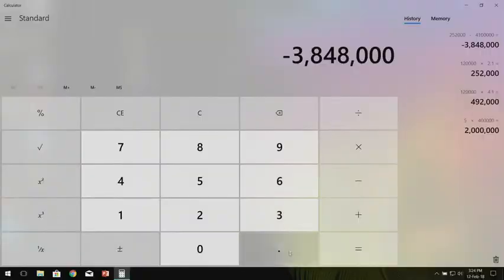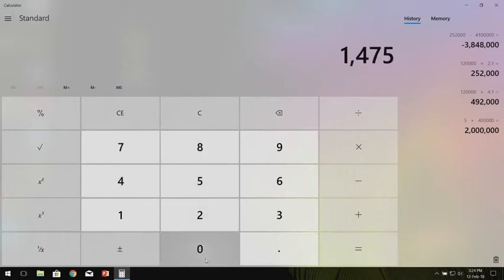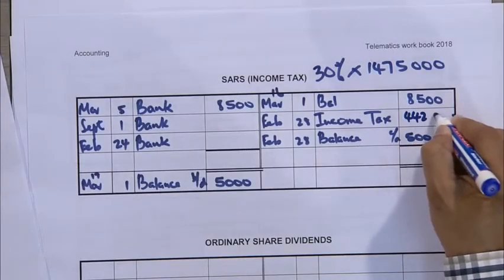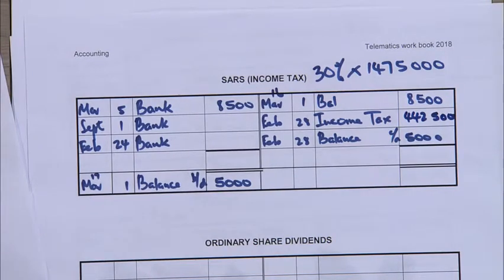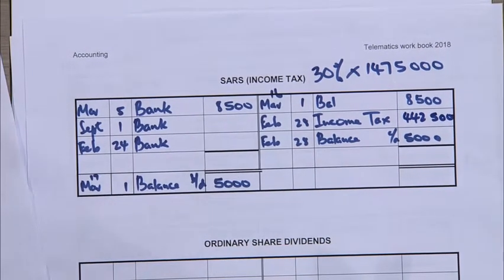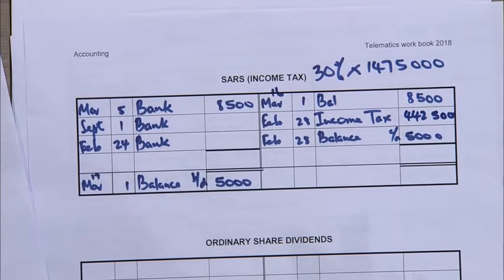If I take 1,475,000 times 30%, my income tax is 442,500.